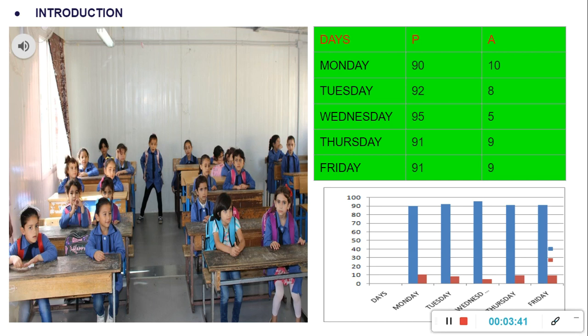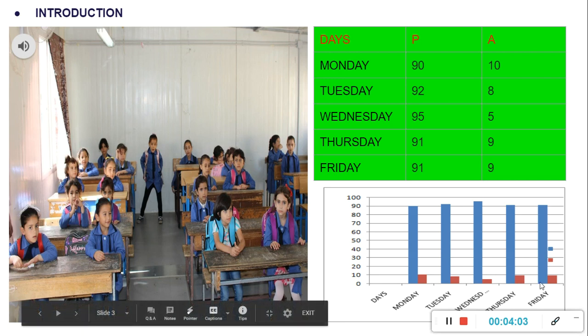Clear? Let's say now you have a graph where the vertical axis will represent the attendance and the horizontal axis represents the days. Okay. So now let's say this is Monday, this is Tuesday, this is Wednesday, Thursday, Friday and so on. And here you represent the attendance, that means the number of students present on that day.